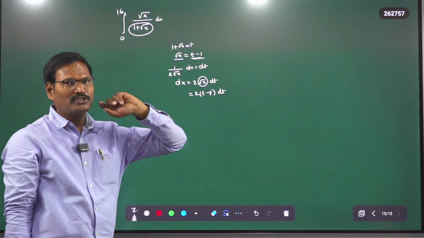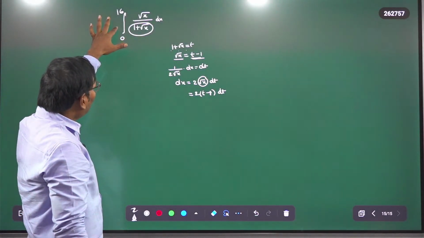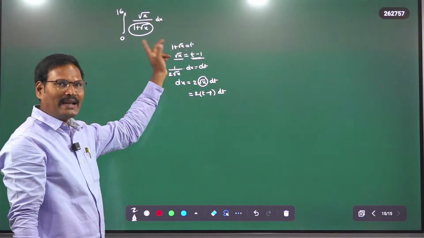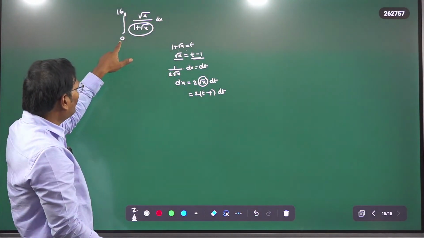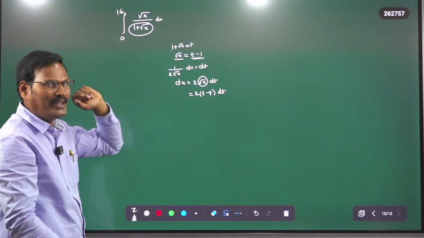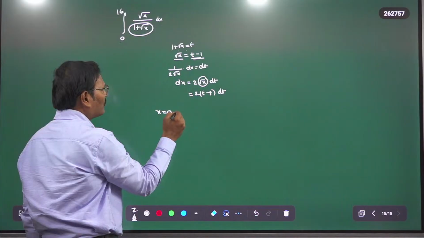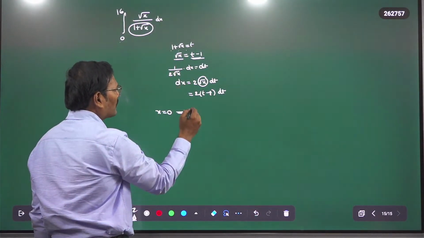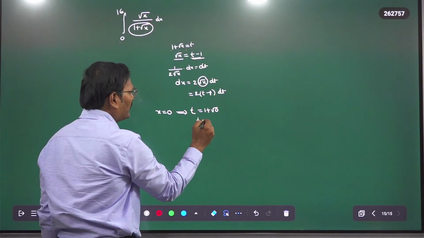So what I did here, I have taken 1 plus root x as t. I am using the substitution method. So here these limits are 0 to 16, limits for x. So we have to change the limits also. Here the lower limit is 0, upper limit is 16. So first I am substituting the lower limit, x is equal to 0, t is equal to 1 plus root 0, t is equal to 1.